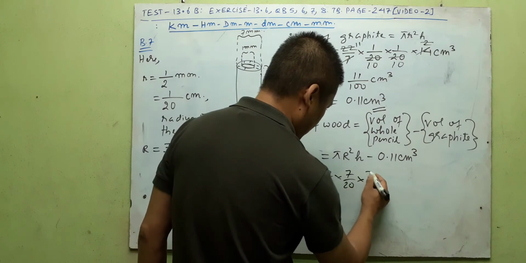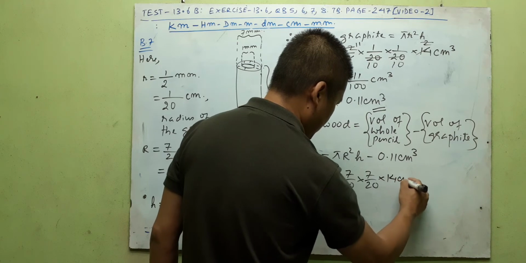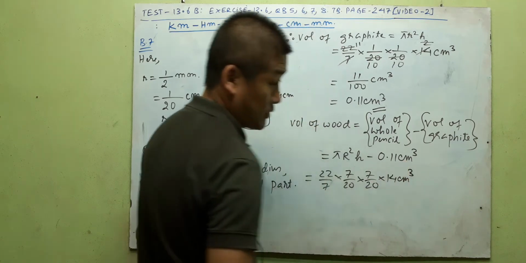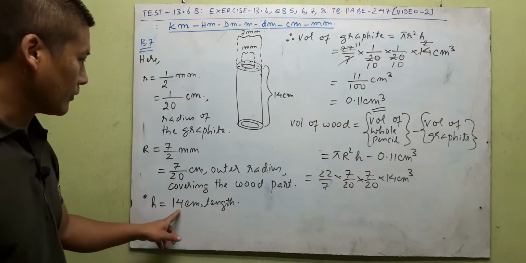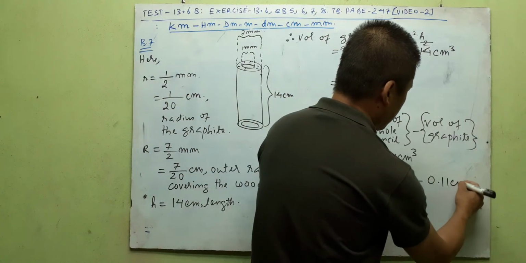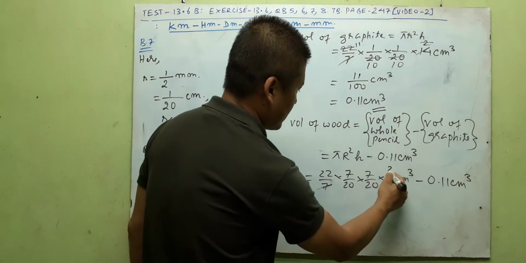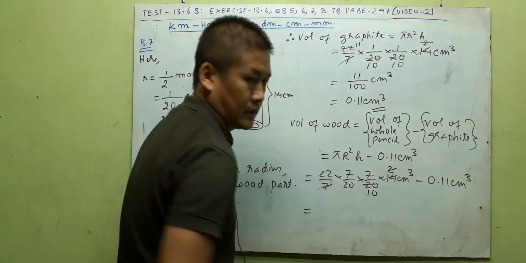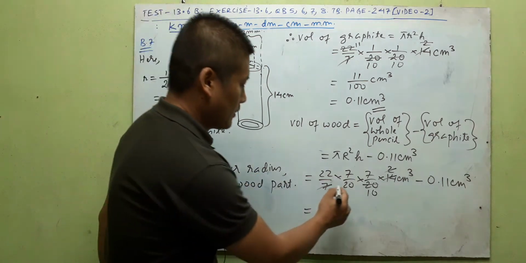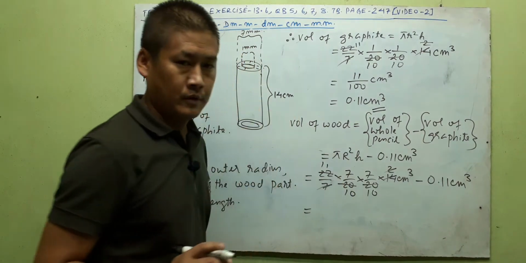So we write that 2 times because it's R square, and here 14 centimeter cube because volume is 3-dimensional. See, 14 and minus, let us not forget that 0.11. Nothing to solve here, just wait. Then here again 7 twos are 14, 2 tens are 20. Now don't touch that anymore. 2 tens are 20. Now it's very good to divide. 2 into 11, 22. That's all.